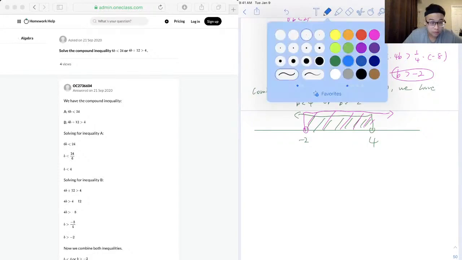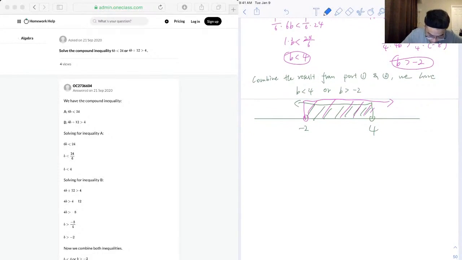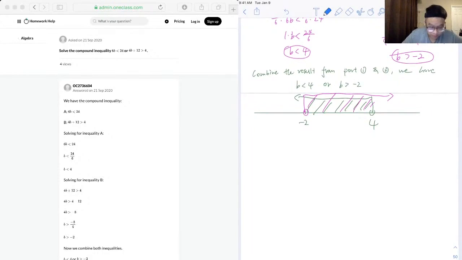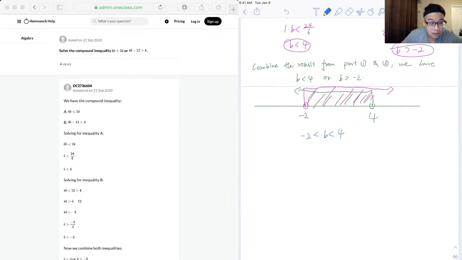So we can conclude that b is less than 4 or b is greater than negative 2 is the same thing as negative 2 smaller than b smaller than 4. Which means b is greater than negative 2 but less than 4.